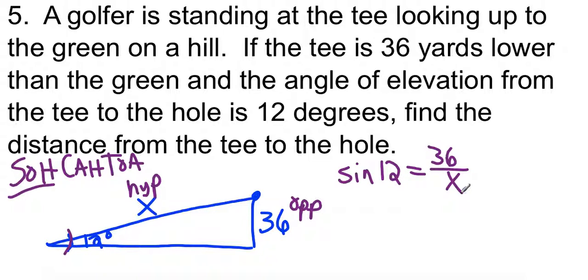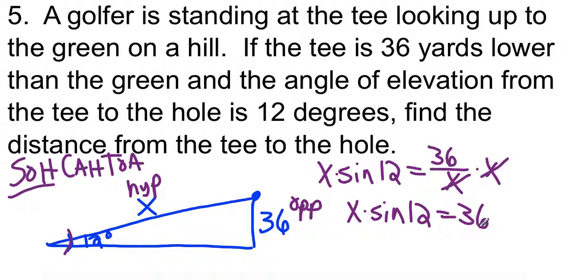Now, we need to solve this for x. Right now, the x is in the denominator, so I need to multiply both sides by x. So those will cancel. So I get x times the sine of 12 equals 36. And now I'm going to divide both sides by the sine of 12.